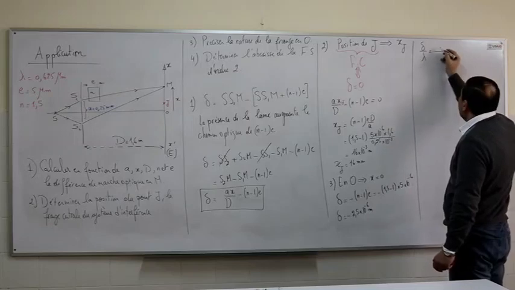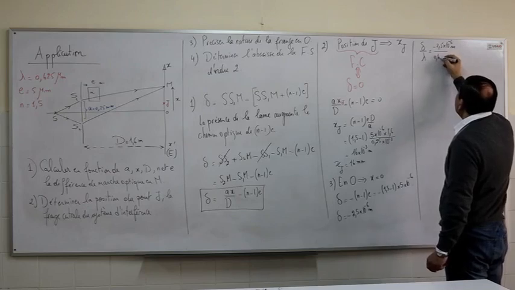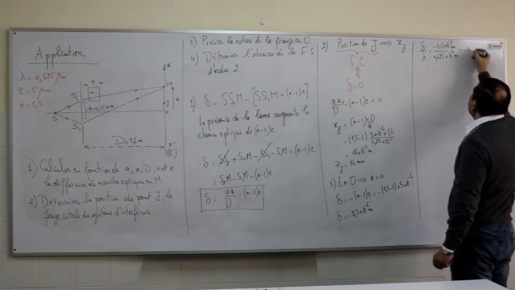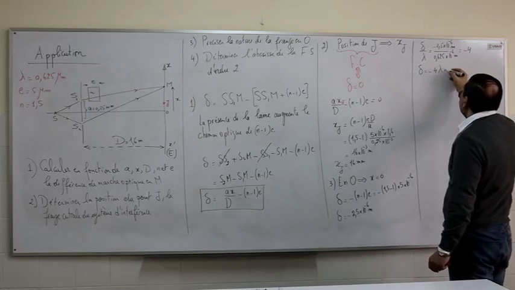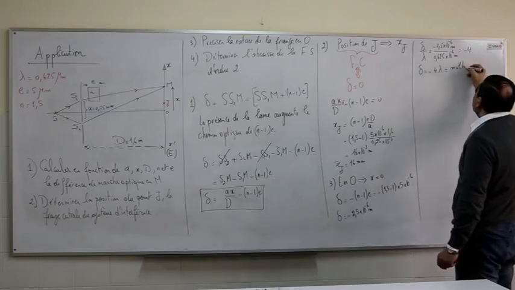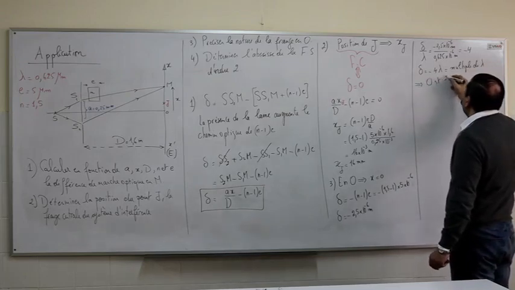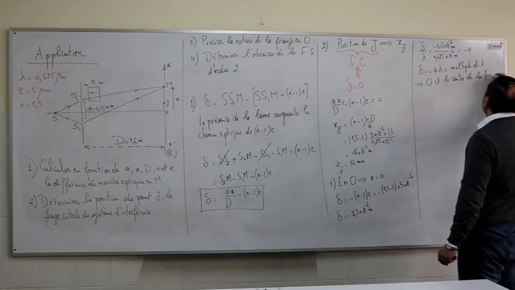We get minus 2.5 times 10 exponent minus 6 over 0.625 times 10 exponent minus 6. And the answer is minus 4. So delta equals minus 4 lambda, which is a multiple of lambda. Then O is the center of the bright fringe of order minus 4.